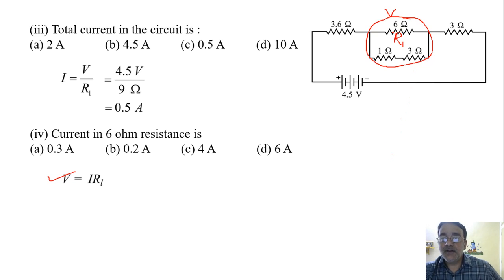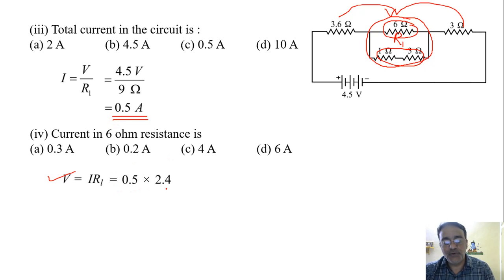And now these two resistors are connected in parallel, and we know that in parallel combination voltage will be the same, only current will divide, according to the value of the resistance. So we'll find V first. V is equals to I into R1, because the current remains the same across these three resistances in series. And I we got 0.5, so 0.5 into 2.4, so we'll get 1.2 volt.